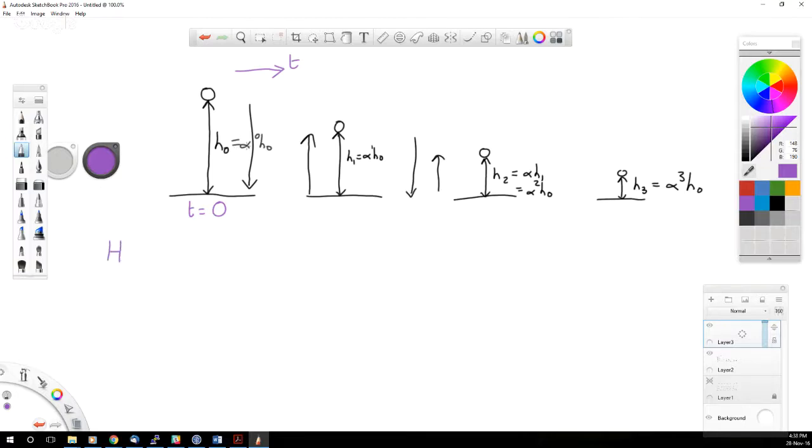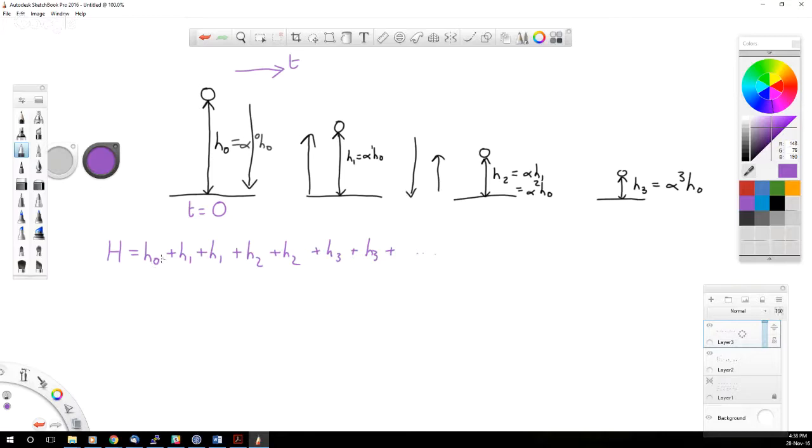So capital H is equal to H0 that it falls down, and it bounces up a distance H1, then down a distance H1, then up H2, then down H2, then up H3, down H3, and so on and so forth. And so we can rewrite that. We kind of want to rewrite this as all the same thing. And obviously we've got 2H1, 2H2, 2H3.